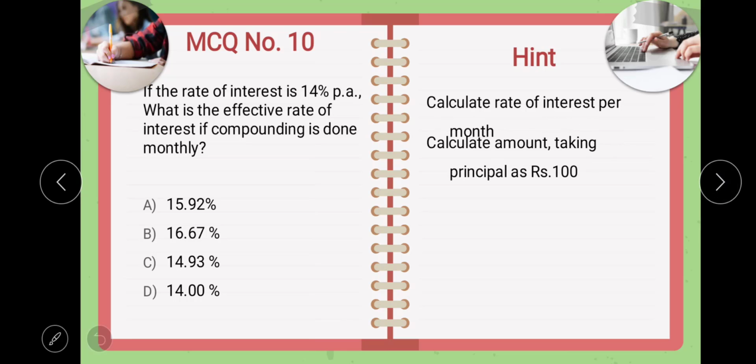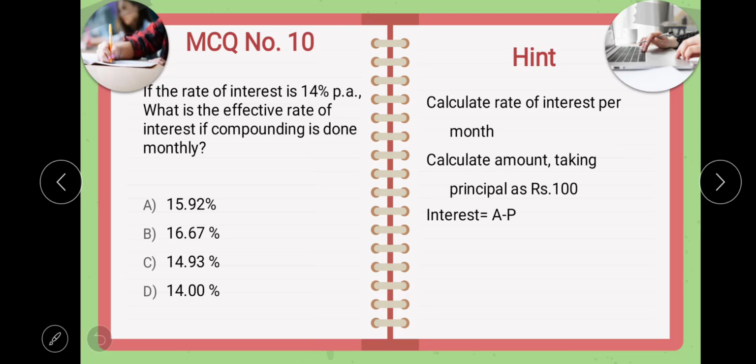Then the interest will be amount minus P. By using these steps you can calculate the effective rate of interest. So you calculate the interest for 100 rupees, for example 10, which means the effective rate of interest is 10%. So calculate this and comment your answer in the chat box.